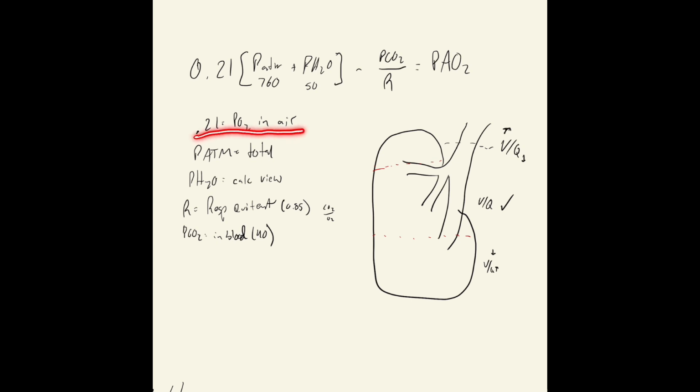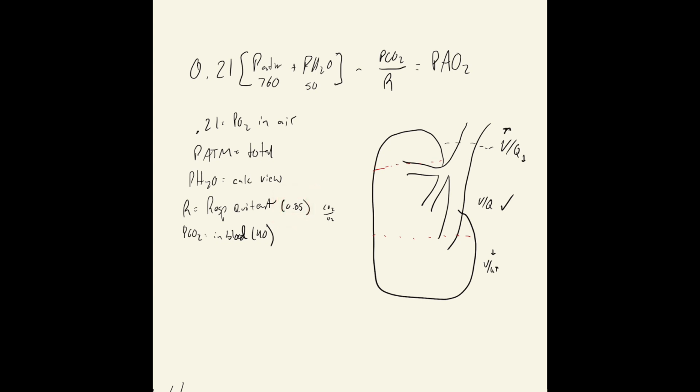So 0.21 is the fraction of oxygen in the air. PATM is the total pressure of the atmosphere, which is 760 millimeters of mercury. PH2O is a calculated value of the water vapor pressure in your lungs. R is the respiratory quotient, which is generally calculated to be 0.85.